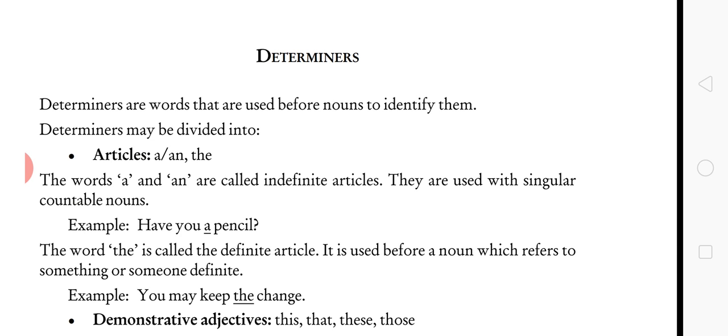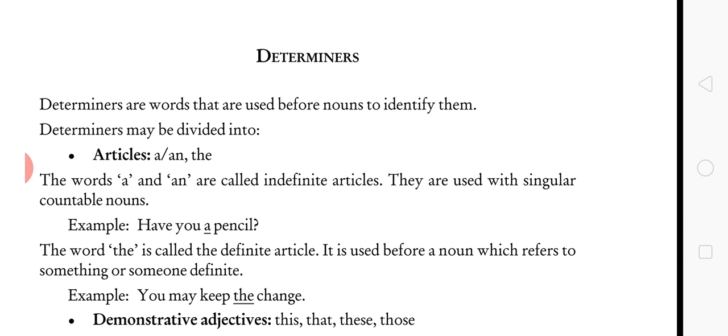So we use the when we refer to some particular place, thing, or person. For example, the sun, the stars, the moon, the United States of America. So these are some examples of the use of the.